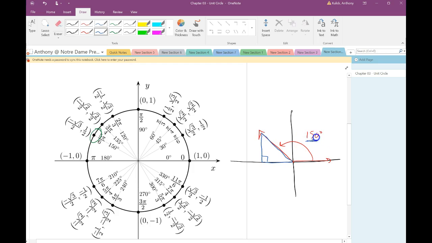Because this is 150 and the whole thing is 180, I know that this angle is 30, which means that this angle here is 60. So I have a 30, 60, 90 triangle. And I know the side lengths are going to be x, x square root 3, 2x.